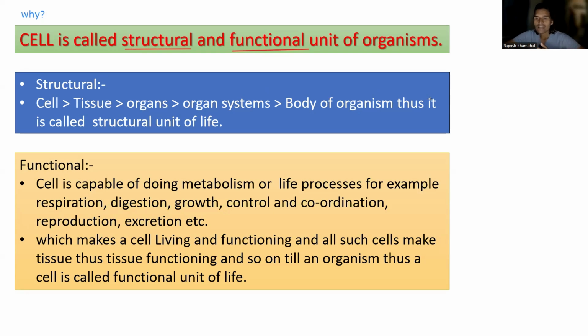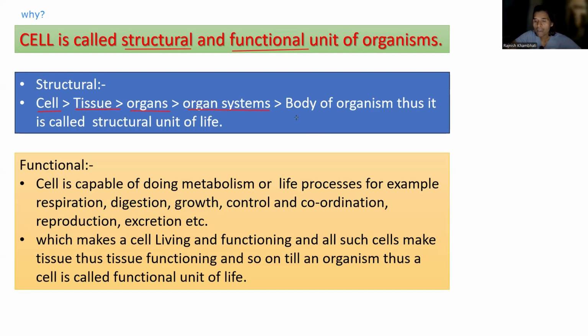We call the cell the structural unit because it is forming the structure. How? Let us see. First, there is a cell. See this? Cell is there. Now, all the cells together form the tissue. All the tissues together then form an organ. All the organs together then form the organ system.